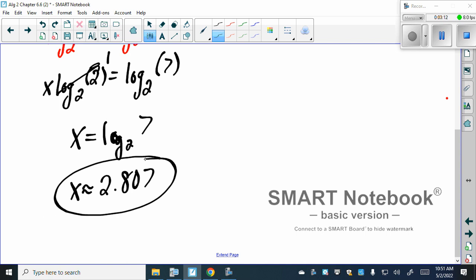And that's it. So it is possible to write 2 to a power and get 7. It's just that the exponent is not going to be a rational number. Any questions on any of this here? Be ready for the next one.